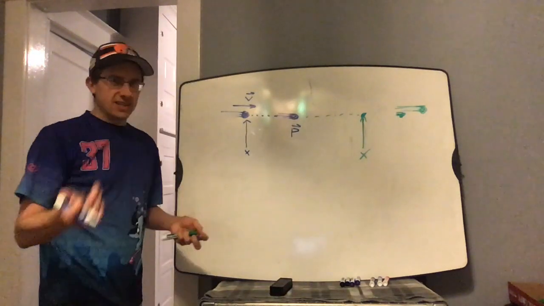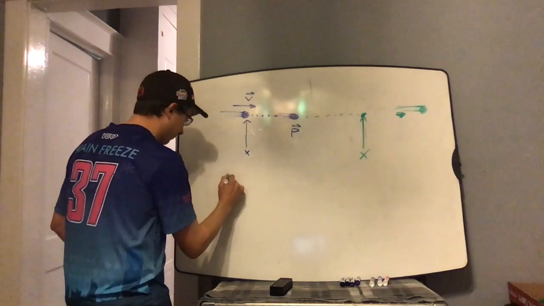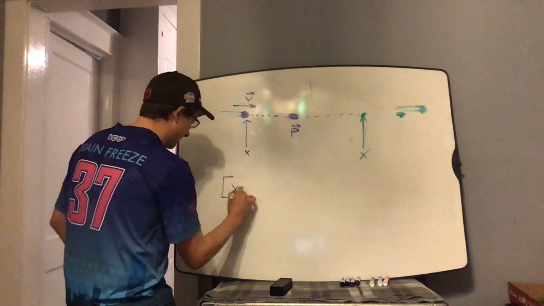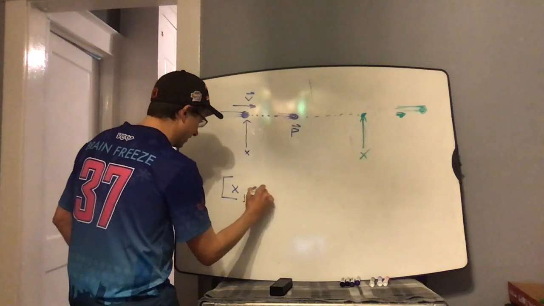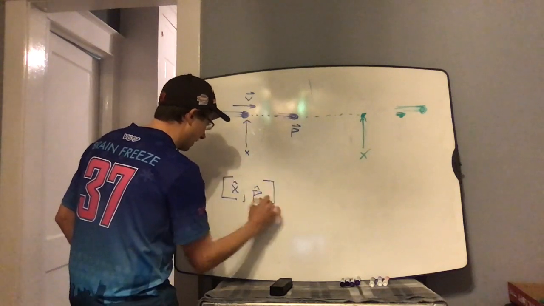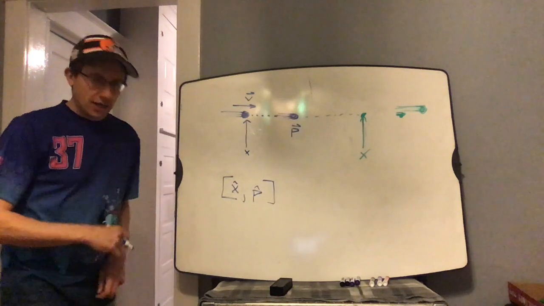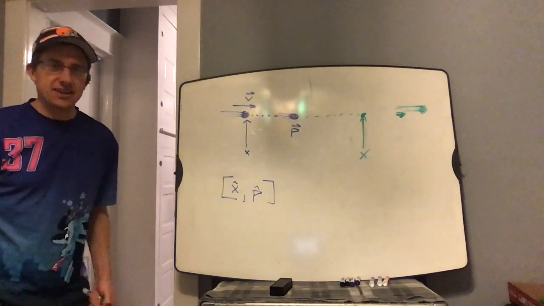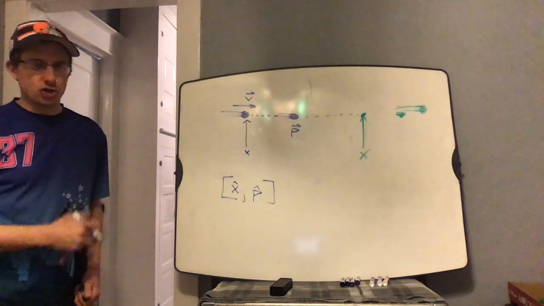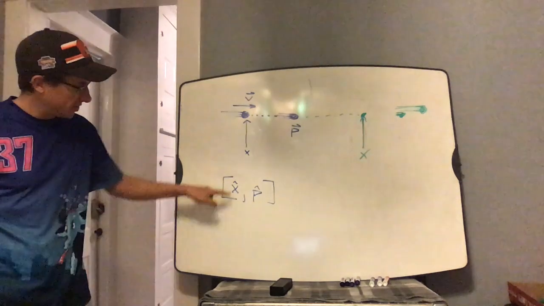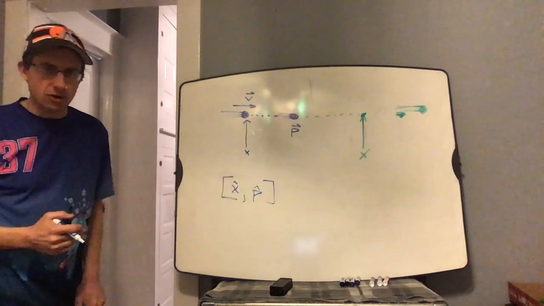The way we represent this is we say, X and P for position and momentum. Formally in quantum mechanics, X and P, position and momentum, are what's known as operators. Operators wear the hats there.